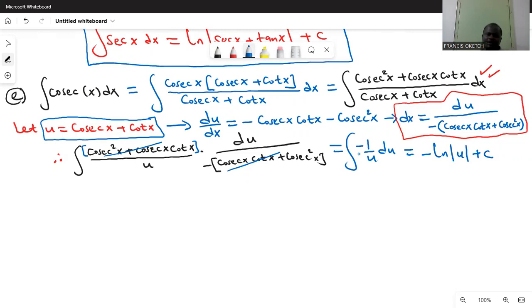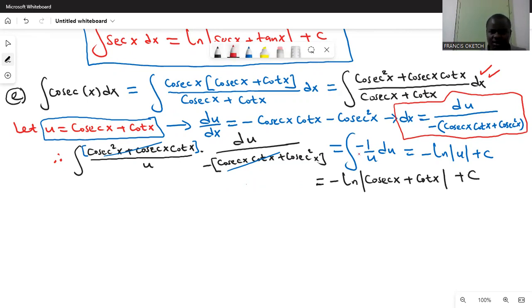And when you replace u, you can now write this as negative ln of cosec x plus cot x, then plus a constant c of integration.